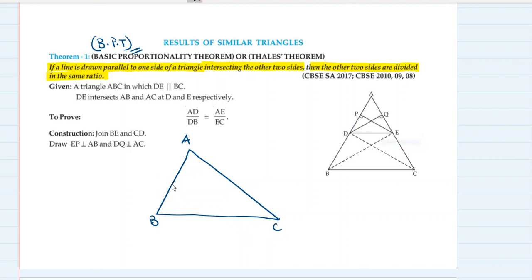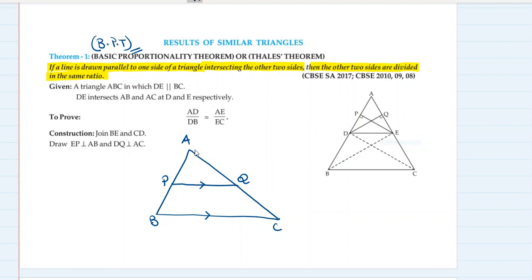Suppose the line is PQ and PQ is parallel to BC. Then, intersecting the other two sides in these two points P and Q, the other two sides are divided in the same ratio.